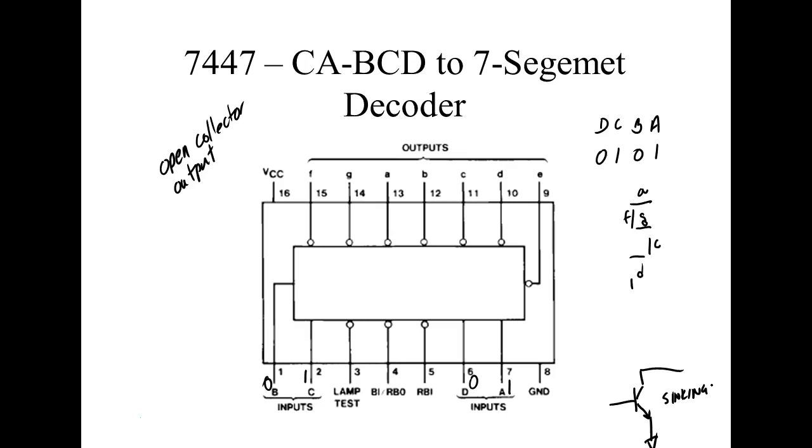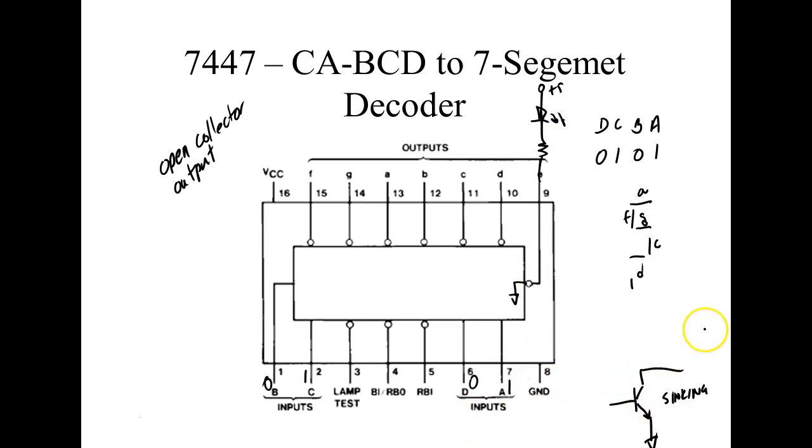But what I can do on this guy is I can take the output of this, right? You understand? Now I can run it through that resistor. I can run it through an LED, and then I can run this back to plus 5 volts. So when the G output goes low, this transistor turns on, provides the what? Provides the ground. That forward biases my LED. My LED comes on.